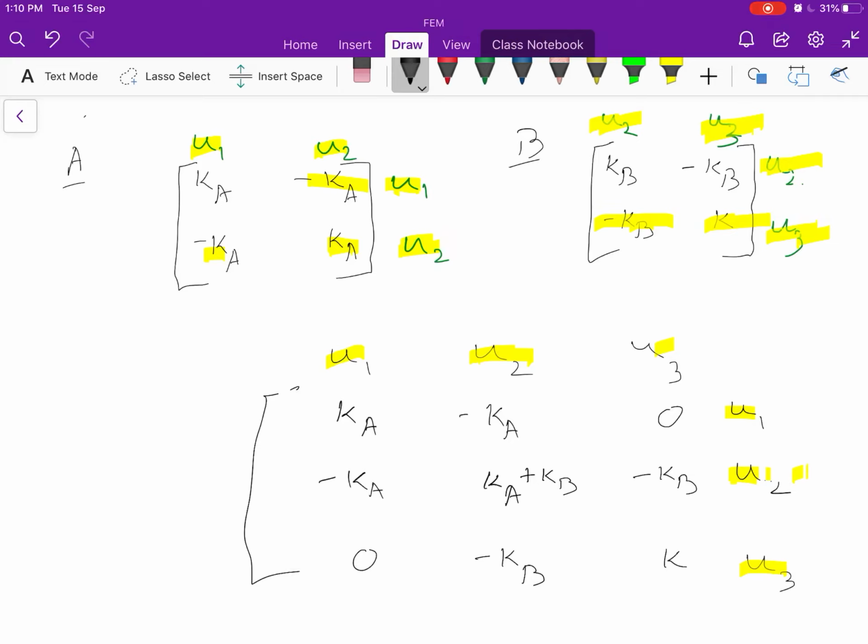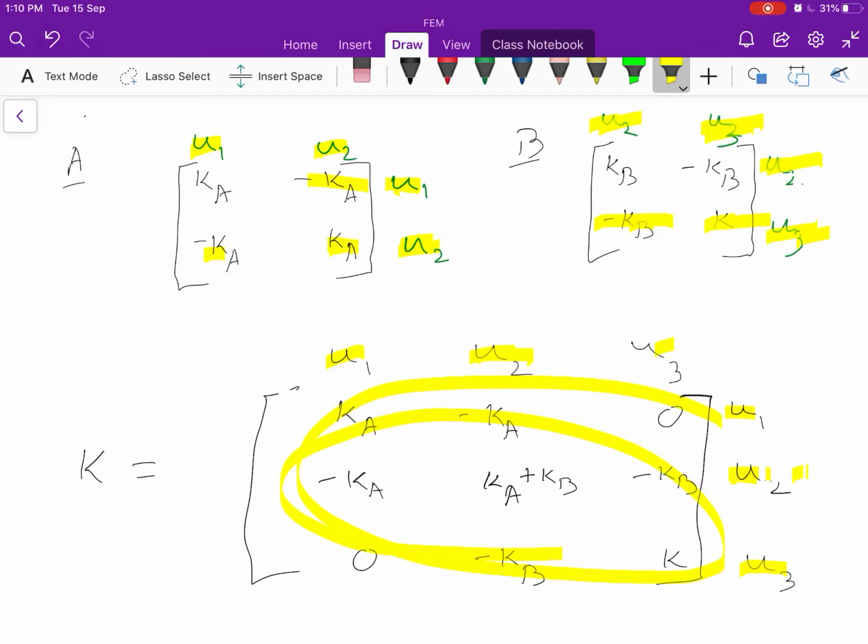So this is the method with which we can find out the global stiffness matrix. Now this is the expression which gives us the global stiffness matrix.